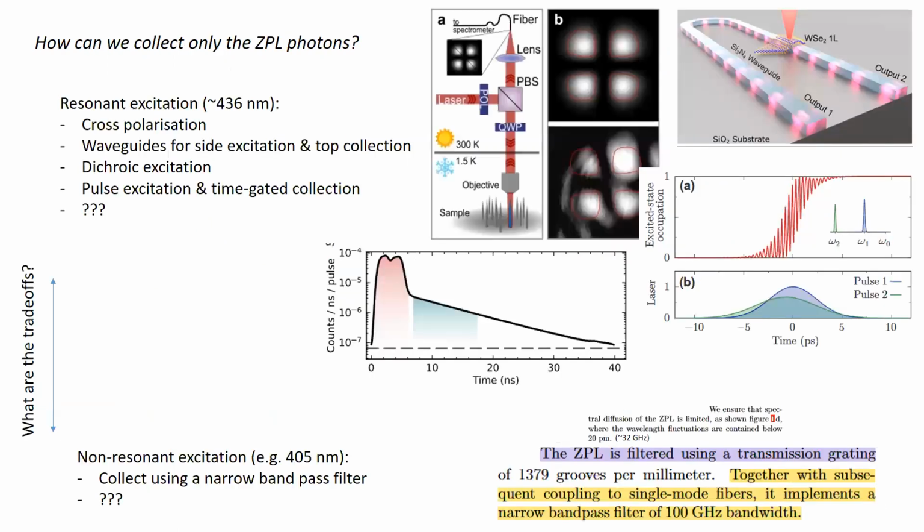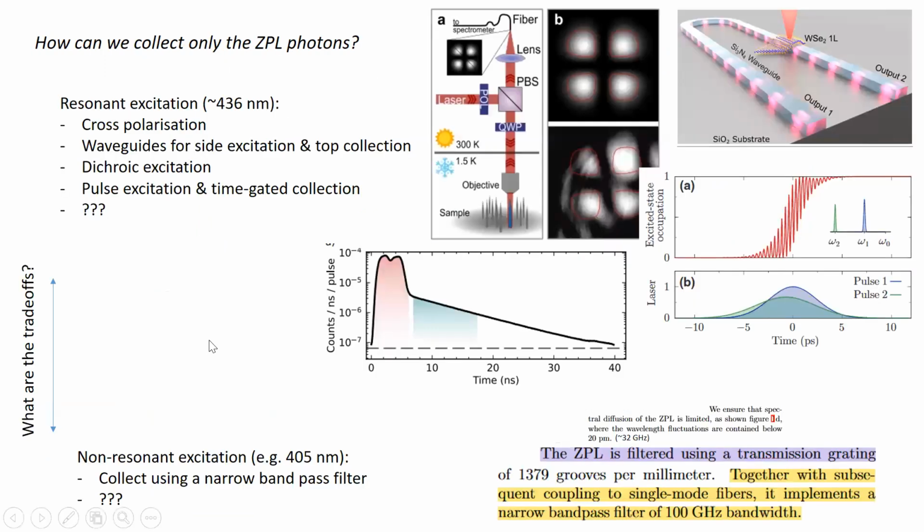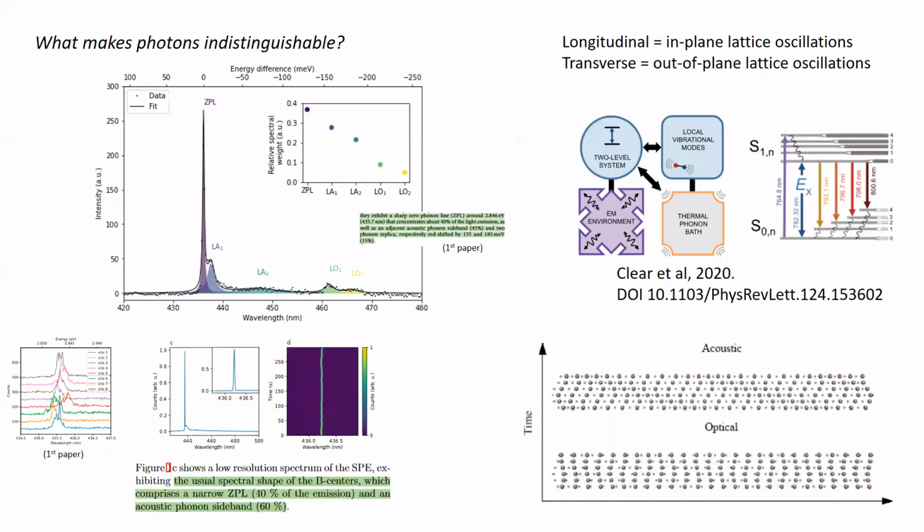All right, moving on. So we want these zero phonon line photons. Skipping over the stuff about phonons on the right side was just in case people wanted more information about the difference between the photons in this frequency range and these ones.